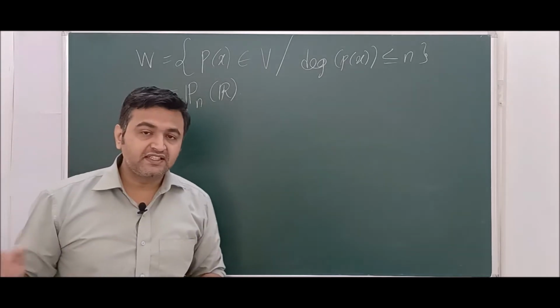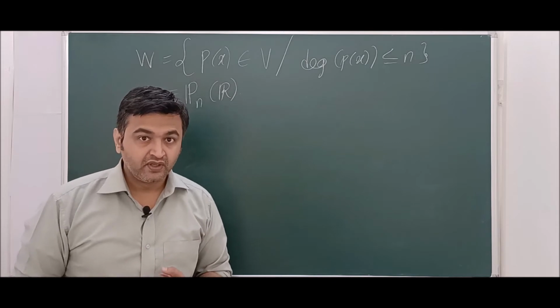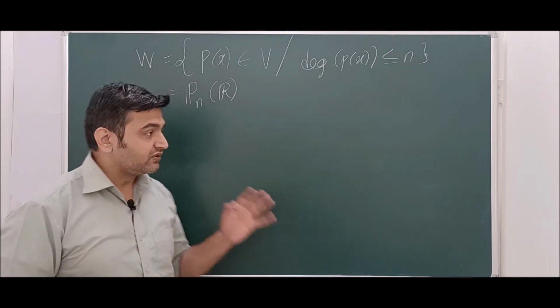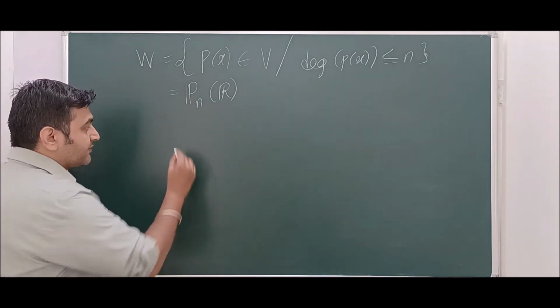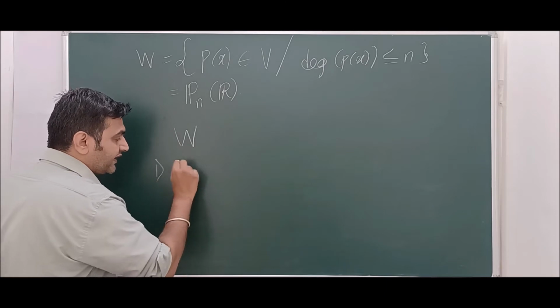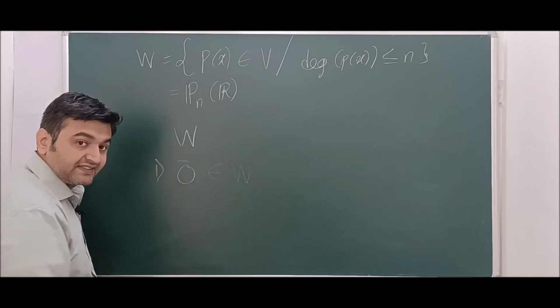Now in my last lecture we saw the subspaces of matrices. If you have not seen it, you can see the link in the description. There we saw that if you want to prove a subset to be a subspace, the first thing you do is show that it contains a zero vector. This will guarantee that the set is non-empty.